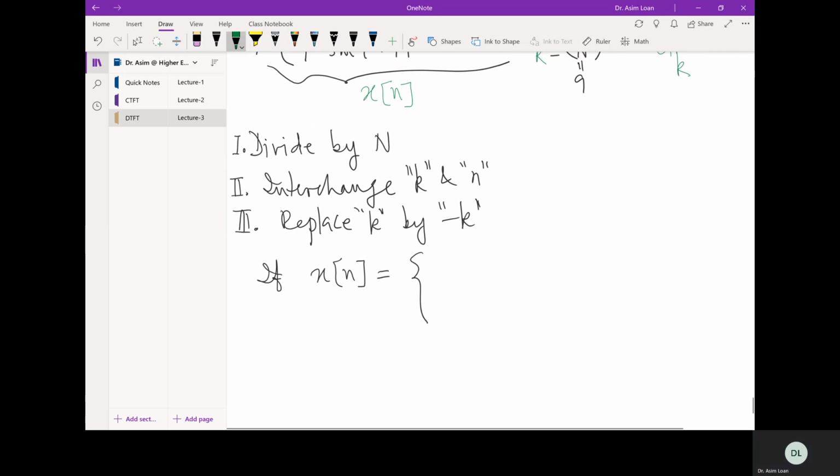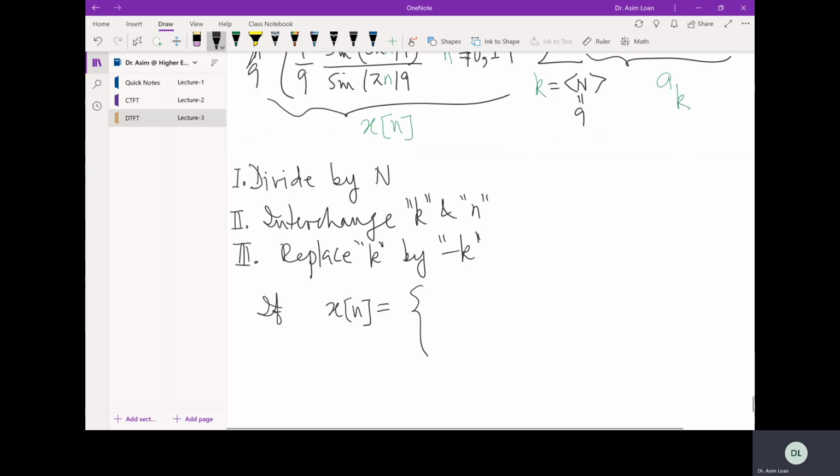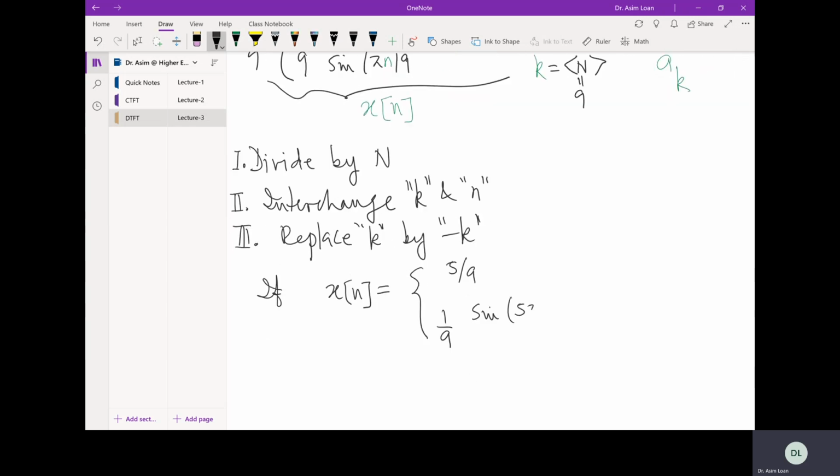So if x of n is 5 by 9 when n is equal to 0, plus minus 9, and so on and so forth, and 1 by 9 sine 5 pi n by 9 divided by sine pi n by 9 when n is not equal to 0, plus minus 9, and so on and so forth.